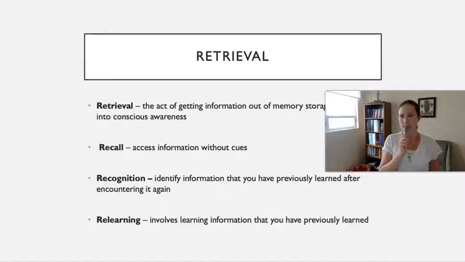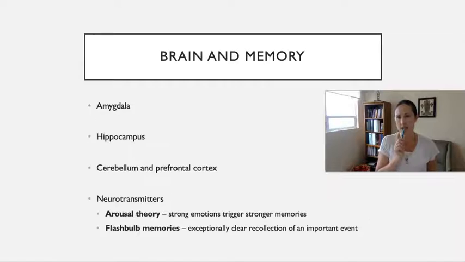Okay, so the next thing to do is to talk about the brain and how that connects with memory. The first way is with the amygdala. The amygdala plays a part in how memories are stored because storage of memories can be affected by stress hormones. And remember, the amygdala is connected with strong memories.